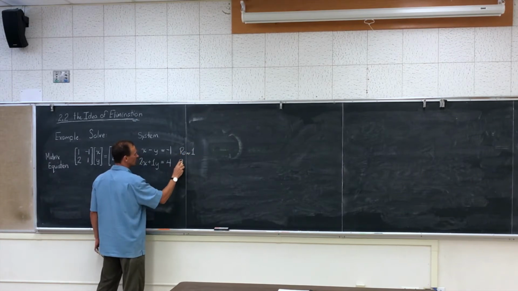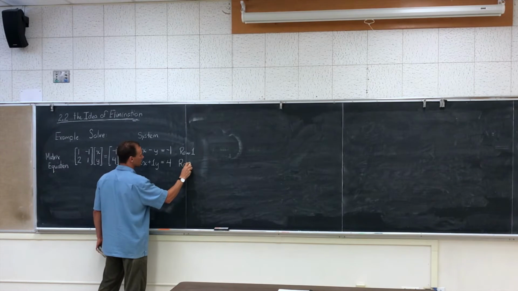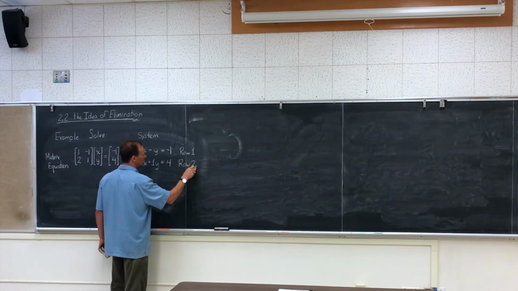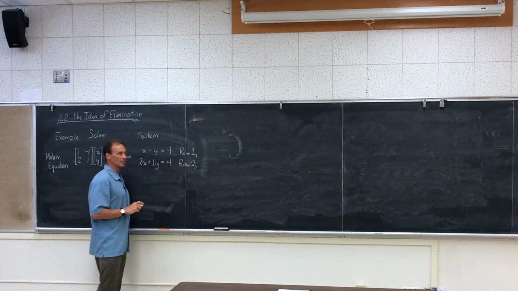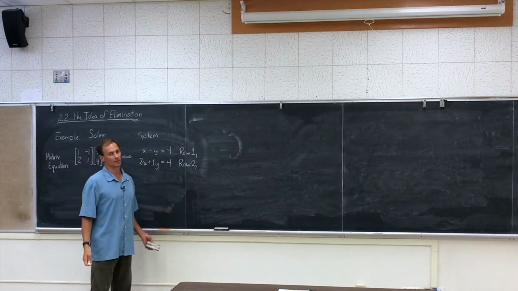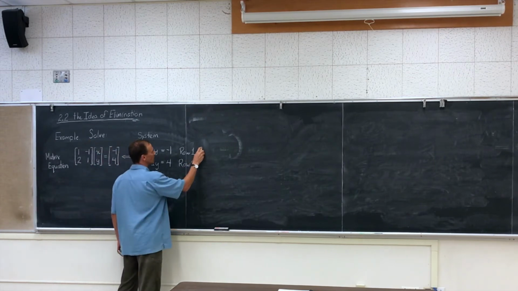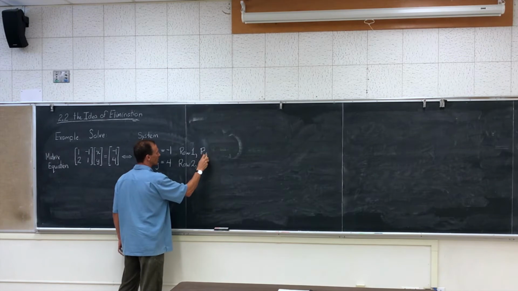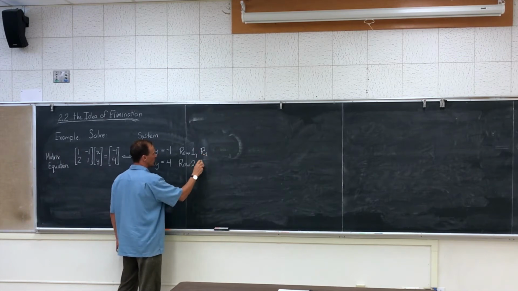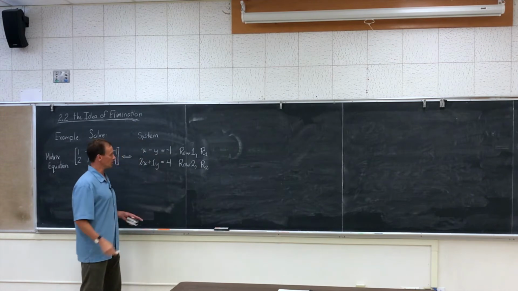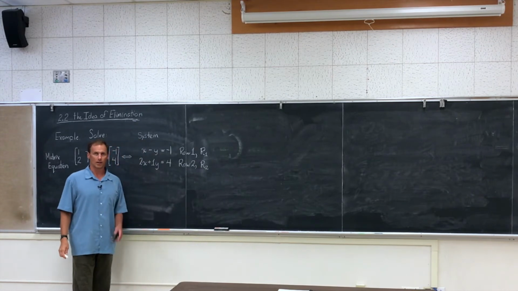Here's row 2. Because writing row all the time is going to be excessive, and you'll see why, I'm just going to write R1 for row 1, and R2 for row 2, and if I had a third row, I would use R3, and so on.